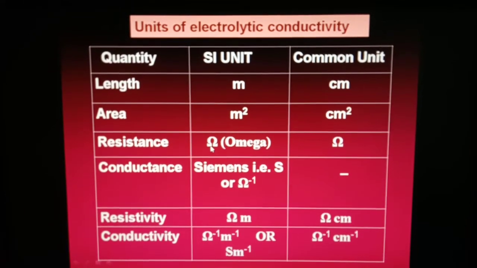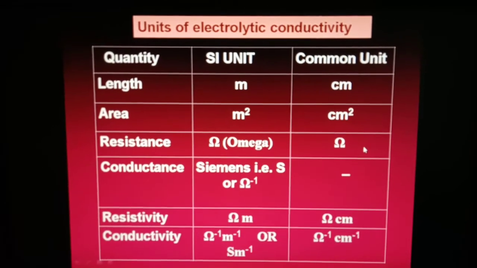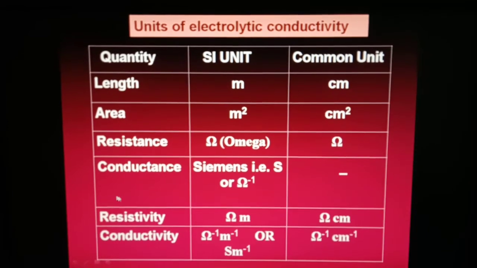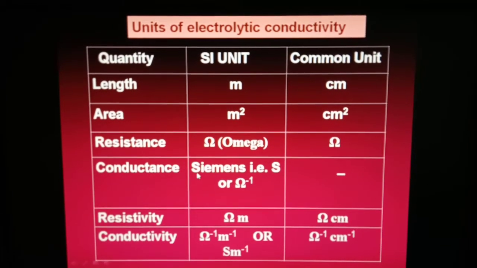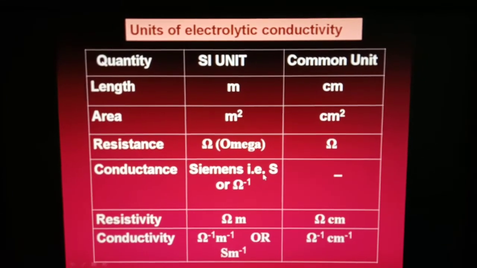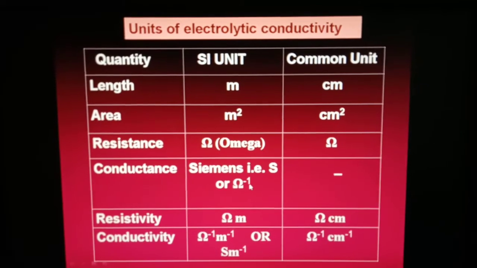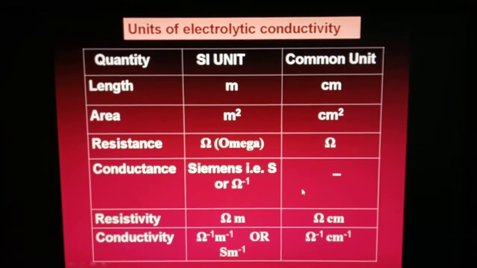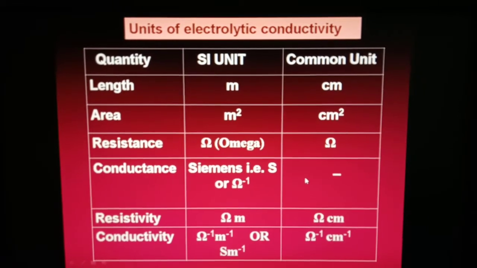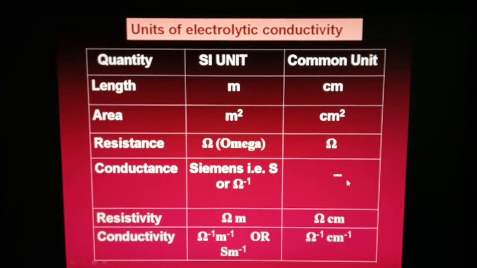Resistance, SI unit is ohm, common unit is also ohm. Conductance, SI unit is Siemens, denoted by capital S or per ohm. Conductance was also measured in mhos.